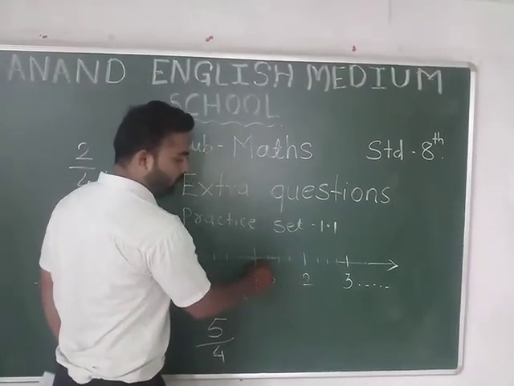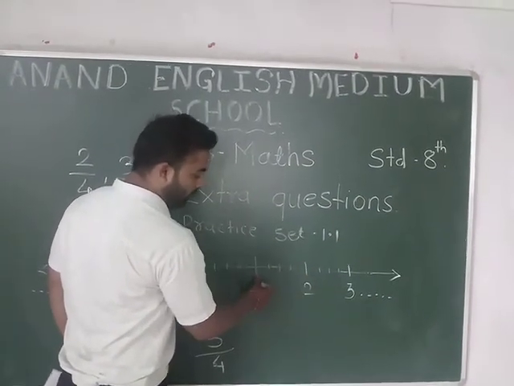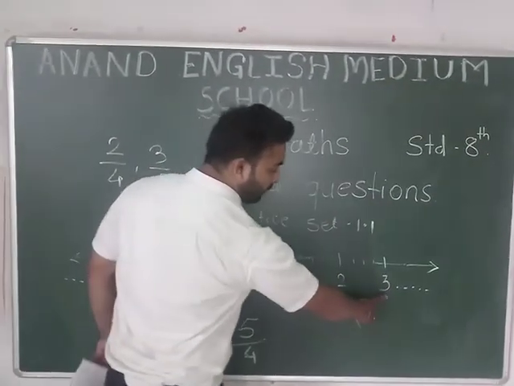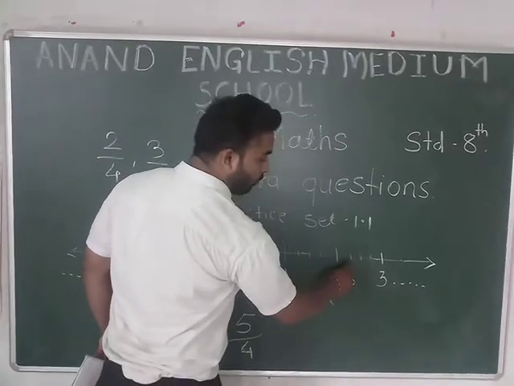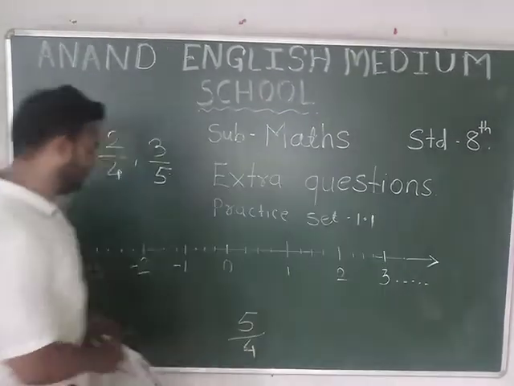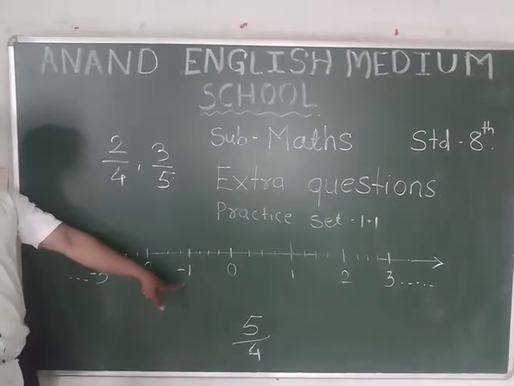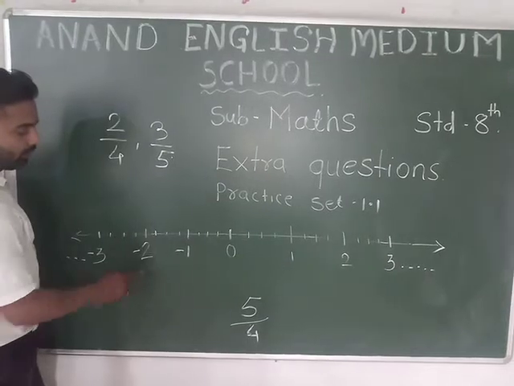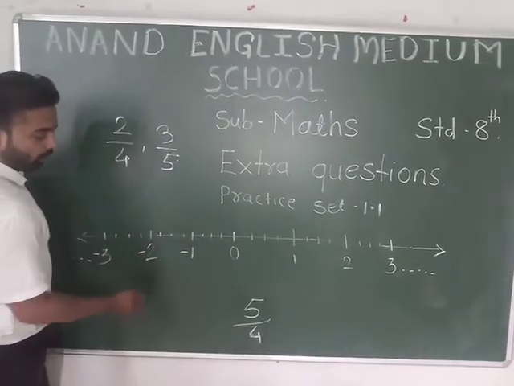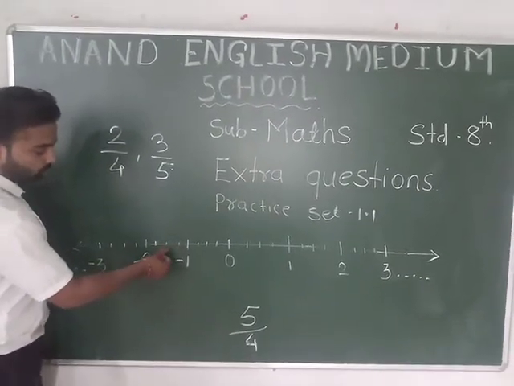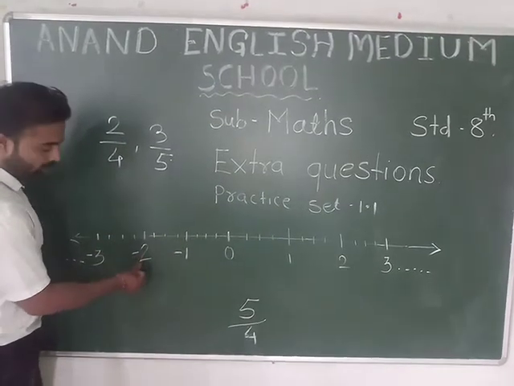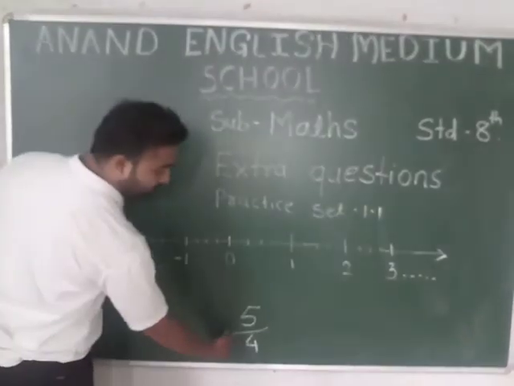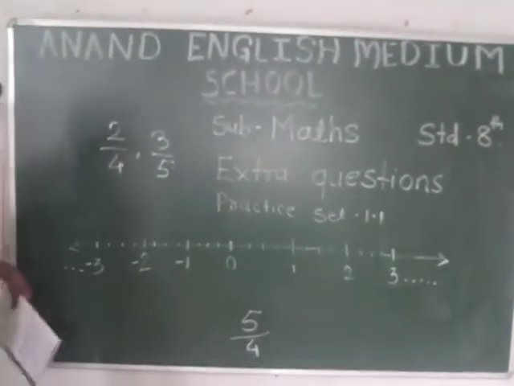Between these numbers, 1, 2, 3 and 4. Just see these negative numbers. Between -1 and -2, there are 4 points, 1, 2, 3 and 4. On the 4th point, the number is plotted. Have you understood that?